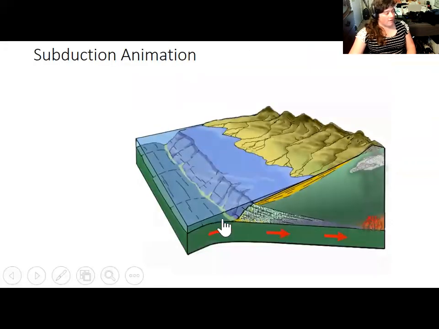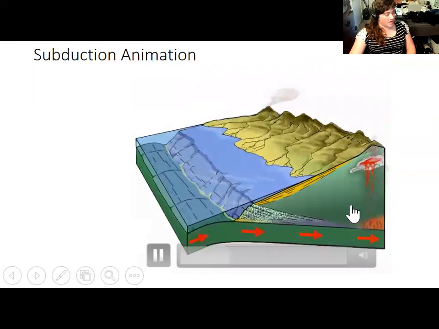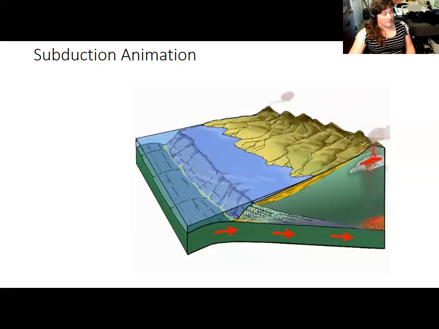And this is kind of a side profile of what's actually happening with subduction. Subduction makes magma. Subduction actually causes the mantle to melt, and that makes the magma that produces the granites that you have underground, as well as the lavas in the eruptions that make the volcanoes themselves.